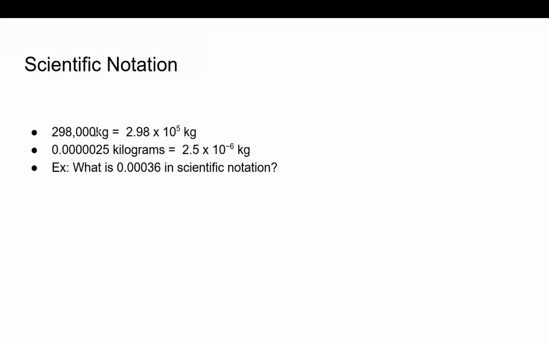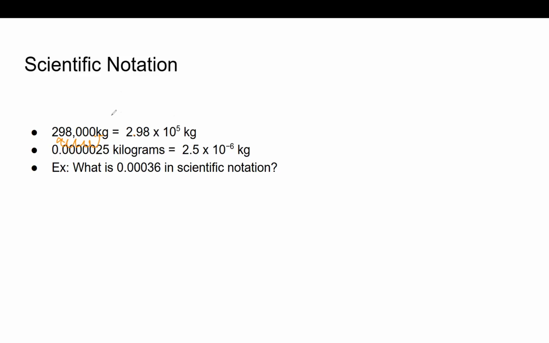I want to turn it into scientific notation, so I move the decimal place over until only one digit is in front of the decimal. To do that, I go 1, 2, 3, 4, 5. So my decimal would go in between my 2 and my 9. And since I moved it over 5 places, it's now times 10 to the 5th.